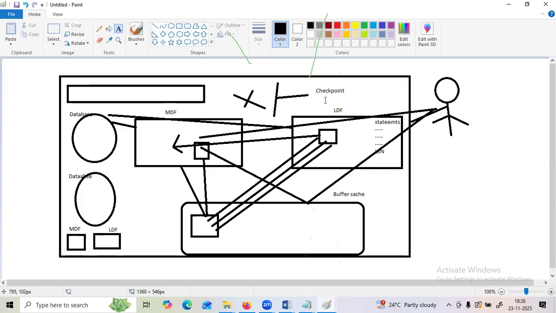Checkpoint is a background internal mechanism that will synchronize the data from LDF to MDF. The checkpoint will move the data from the transaction log file to the MDF, but it moves only committed data from the LDF, and inactive uncommitted data is kept in the LDF.